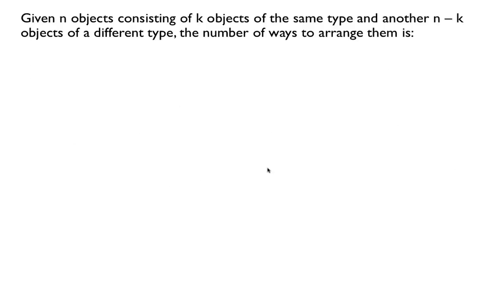So given n objects consisting of k objects of the same type and another n minus k objects of a different type, the number of ways to arrange them is this formula. Again, this looks complicated, but we're going to see how this is actually very simple. So let me say this again. If I have n objects consisting of k objects of one type and another n minus k of another type, the way to think about that is to look back at the previous example.